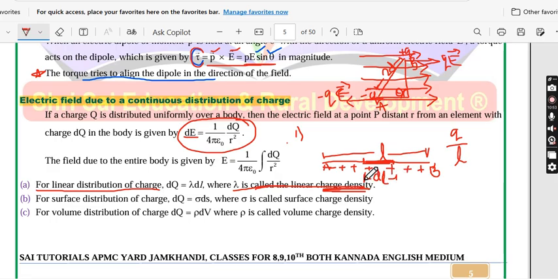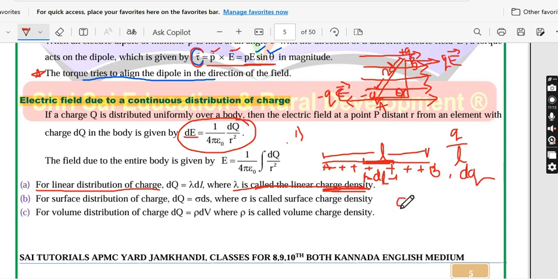This is a small length. On a small element of length dl on the wire, the charge on that element will become dq.